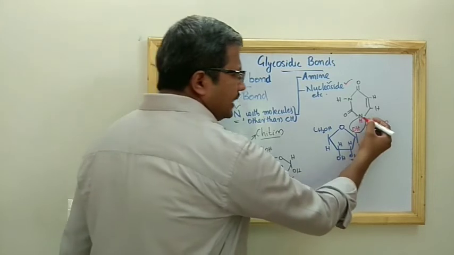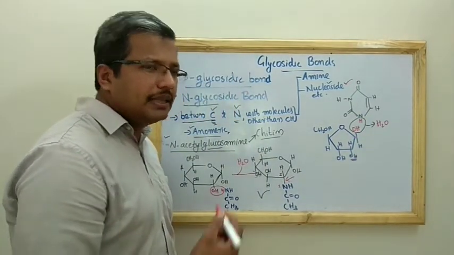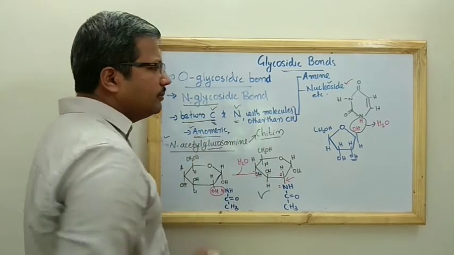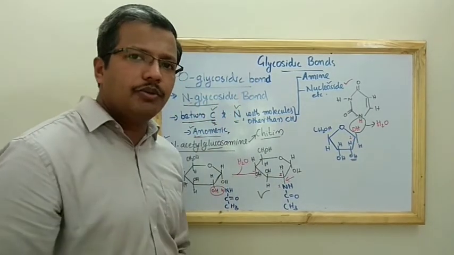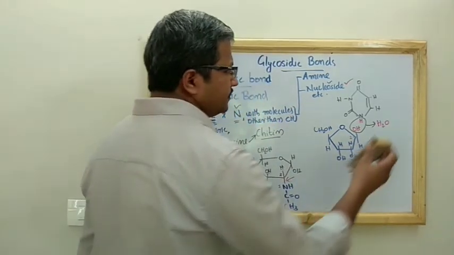As a result, a link between this nitrogen and this carbon will be happening. And that is actually the N-glycosidic bond where the anomeric carbon is involved, because we know that this is the first carbon and that is the anomeric carbon. So I am just erasing and drawing in the same position.